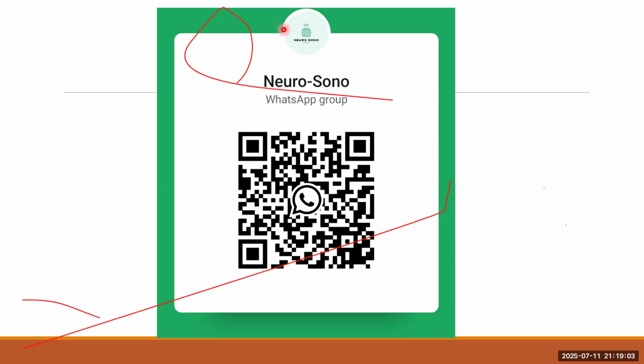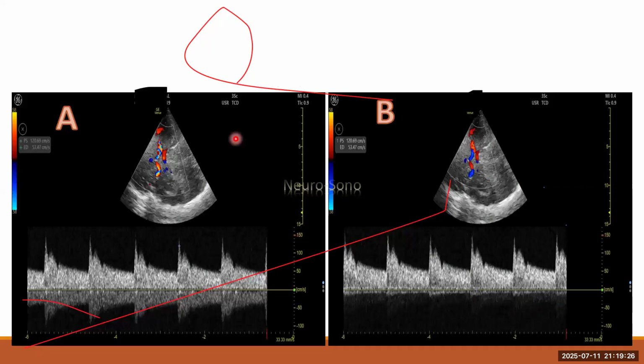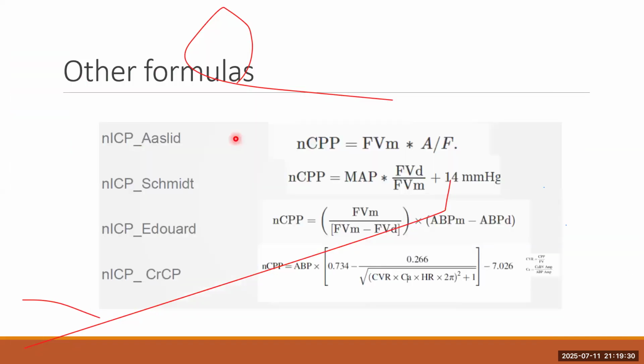I remember I got one of my traumatic brain injury patients at around 2 o'clock in the midnight. As soon as the patient came, my colleague and I were doing point of care ultrasound while the nursing officers were trying to stabilize the patient. When I did transcranial Doppler, the first two velocities showed higher peak systolic velocities and higher mean flow velocities.